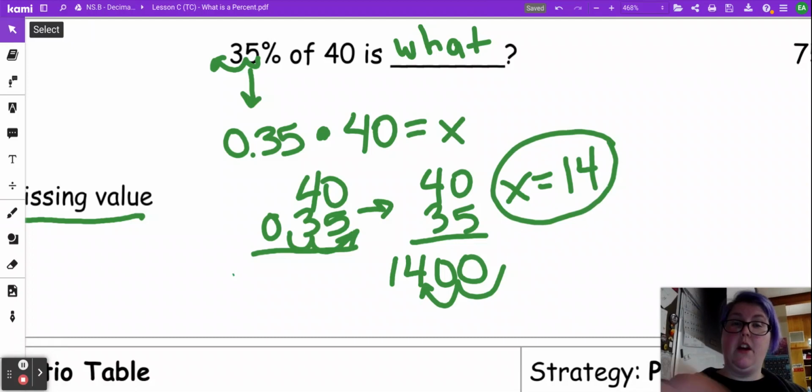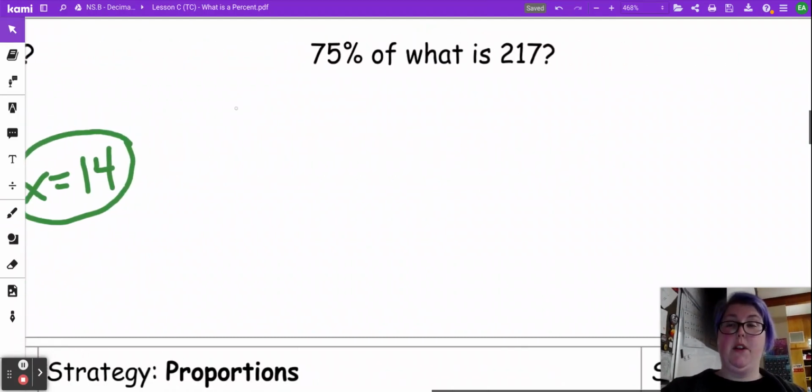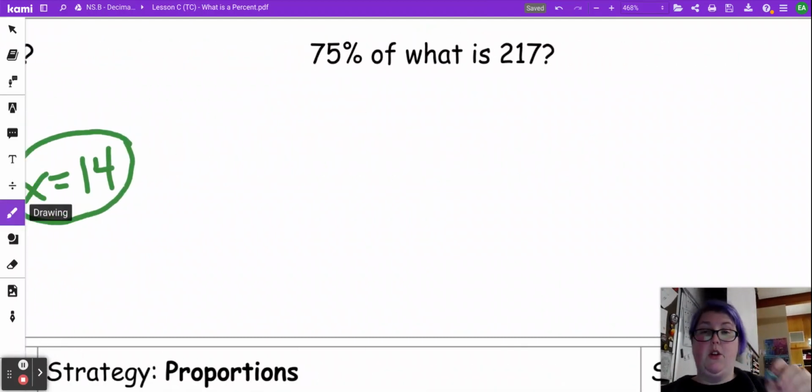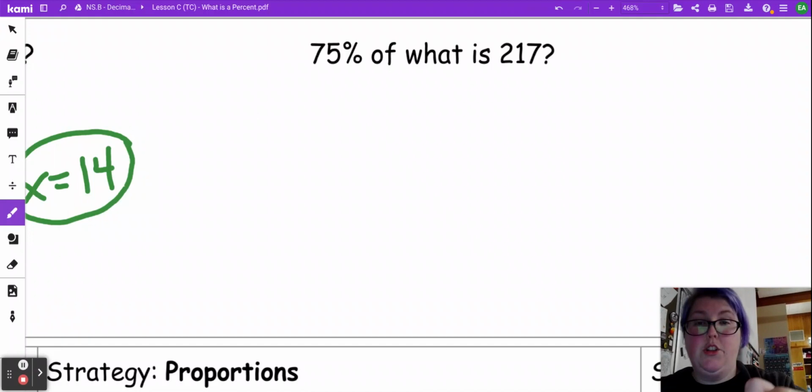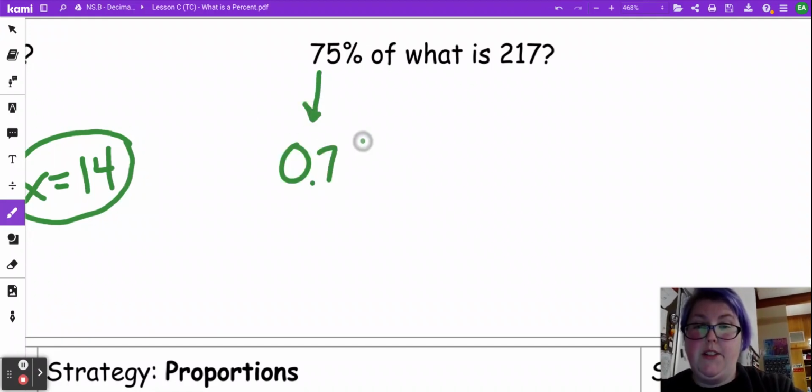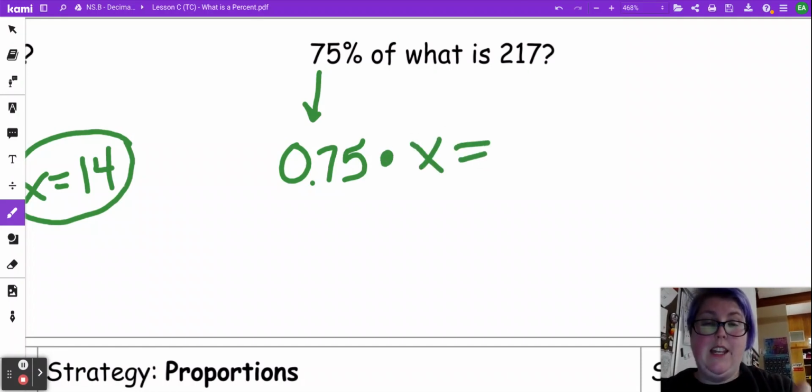So let's look at another example that is similar but not quite the same. So 75% of what is 217? Well, we know step one, change your percent to a decimal. So that would be 75 hundredths. Of is multiplication. What is x is equals and 217.